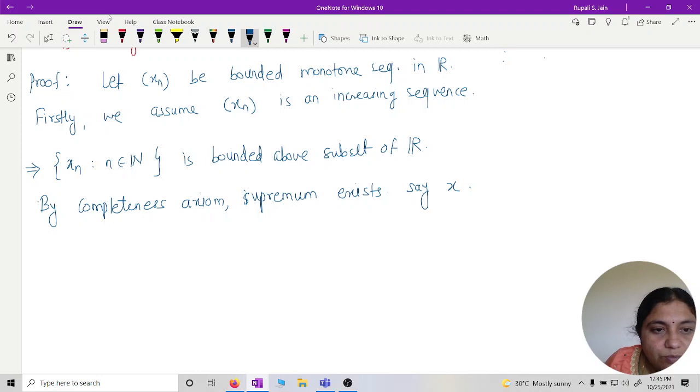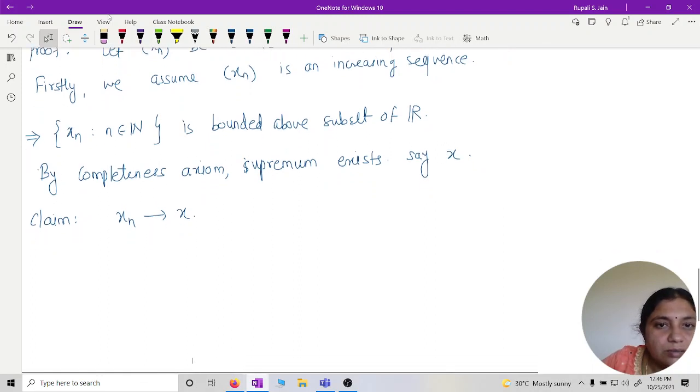Now I am claiming this xn converges to x. I want to prove that this increasing bounded sequence converges to its supremum. Up to now it is clear.